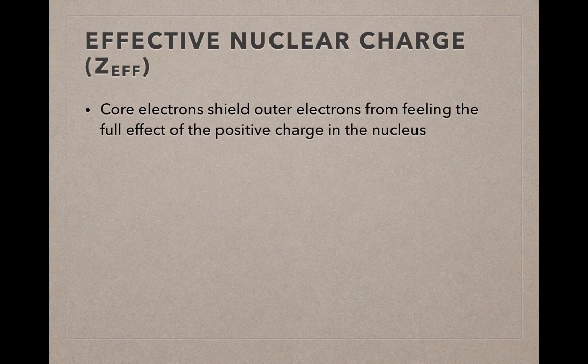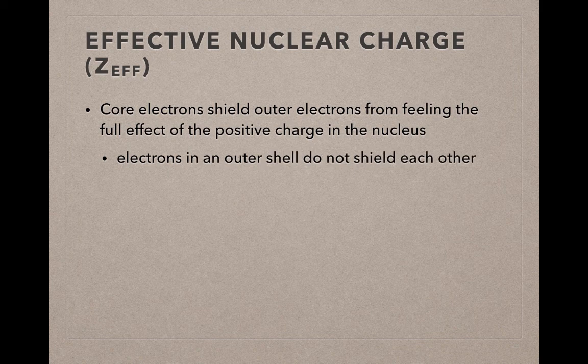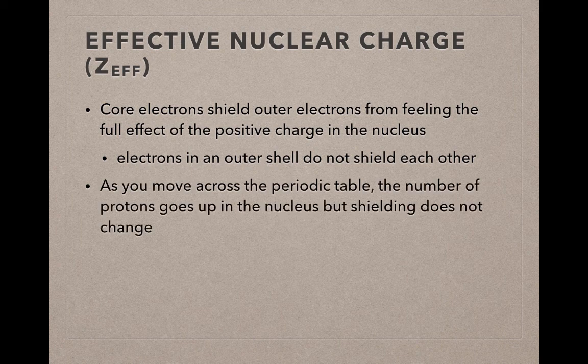The answer lies in effective nuclear charge. Our core electrons are shielding outer electrons from feeling the full effect of the positive charge in the nucleus, and electrons in an outer shell do not shield each other. So as we move across the periodic table, we're adding electrons into the same shell.